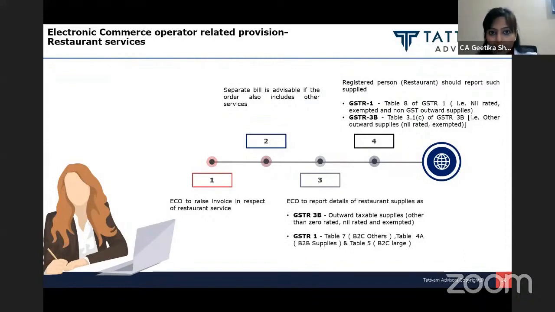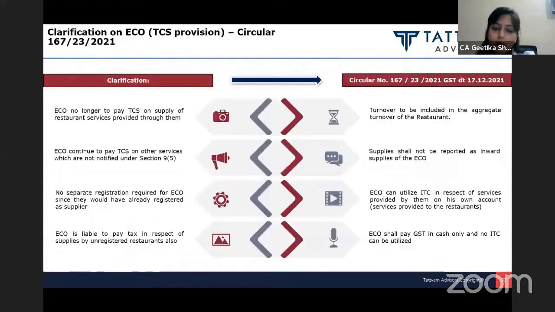It's not just that the tax has to be paid. How it has to be paid? It has to be paid through these returns. Some more questions and doubts answered in this clarification: in case of those supplies made through the e-commerce portal for which the e-commerce portal has been made liable, whether TCS has to be deducted? Answer is no, because the purpose of TCS applies only when someone else is paying tax, and it's just a first point of collection of tax.